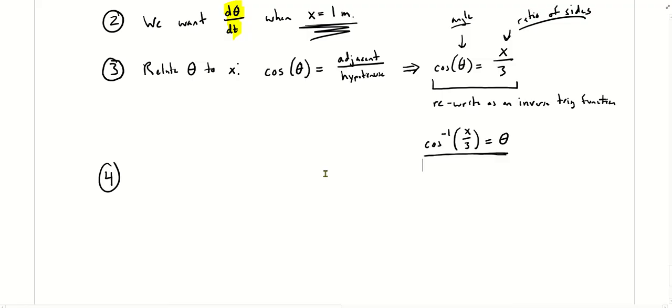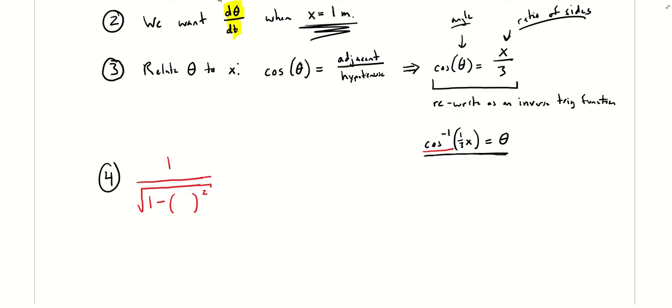Now notice here, my x is not just x, it's x over 3. I'm going to rewrite this as, sorry, it's 1/3 x, just to make it a little bit easier to see. So I'm actually going to have to use the chain rule when I differentiate this inverse trig function. So the derivative of inverse cosine of something is 1 over the square root of 1 minus the something squared.